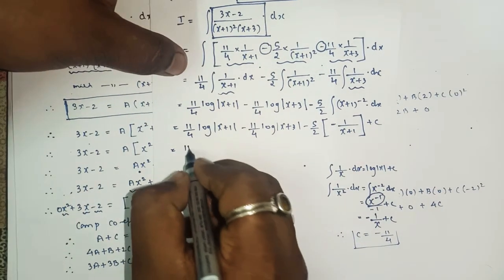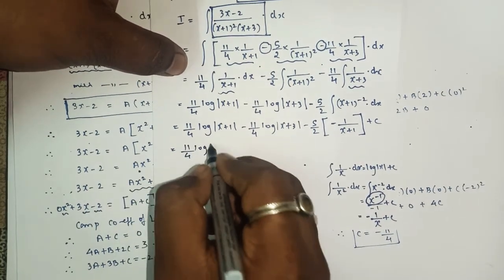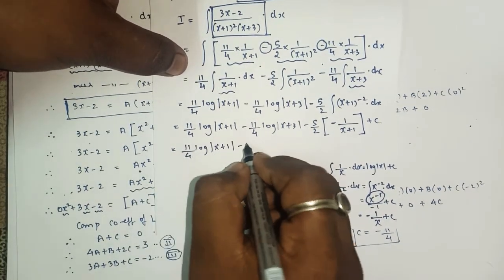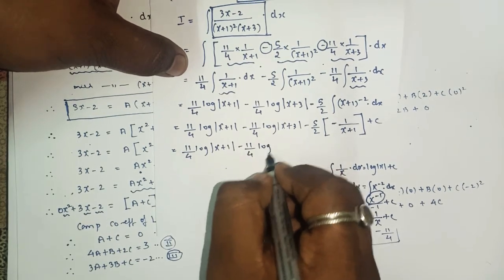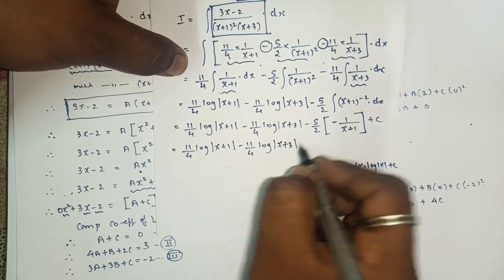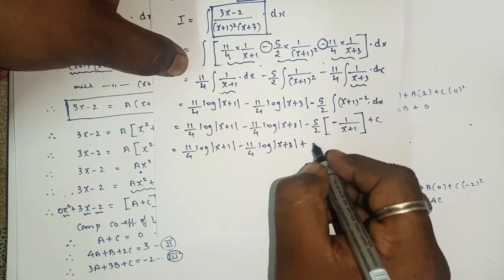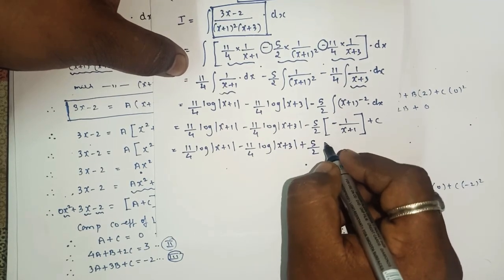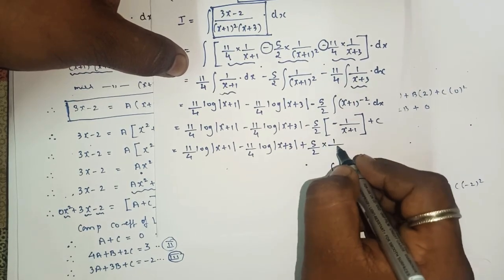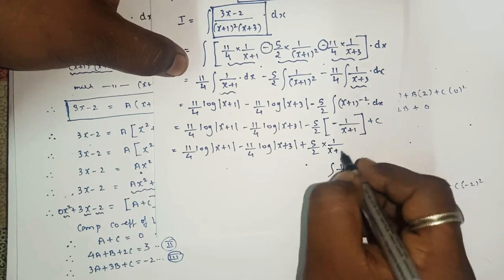Okay, so 11 upon 4 log mod x plus 1 minus 11 upon 4 log mod x plus 3. This minus minus will be plus 5 upon 2, yes or no, into 1 upon x plus 1 plus c.